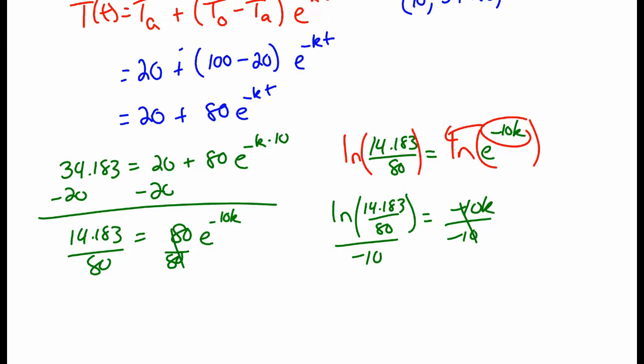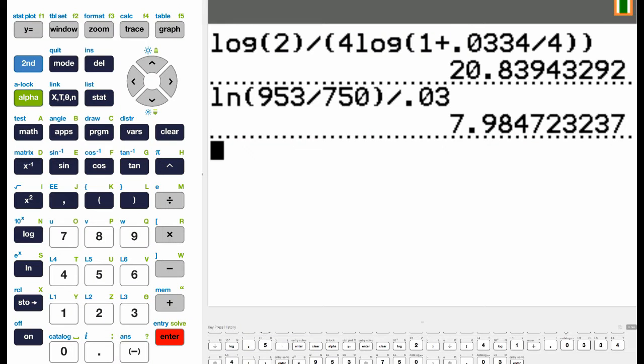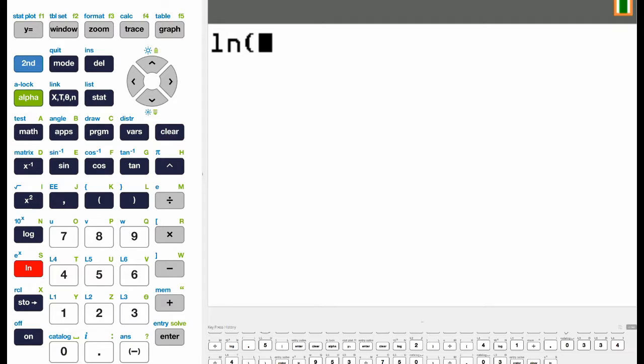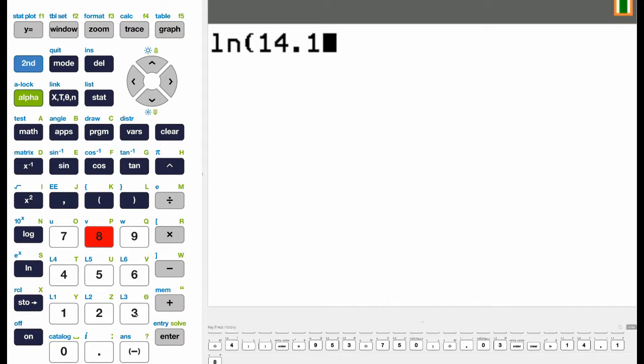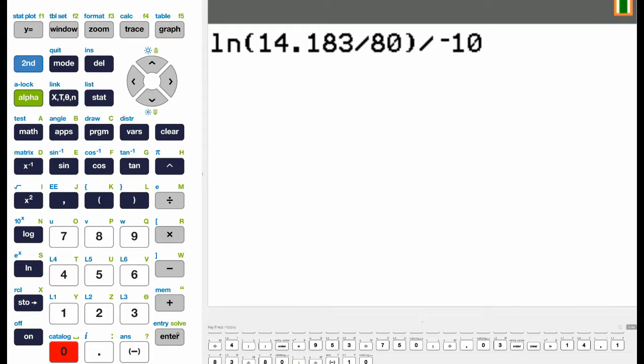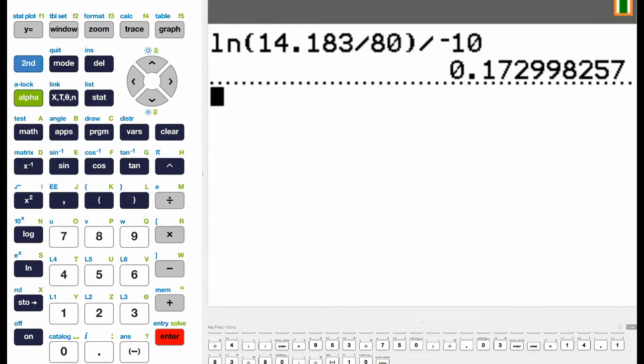So let me go to my calculator and type this in. The natural log of 14.183 over 80, divided by negative 10. So my decay constant is 0.17.